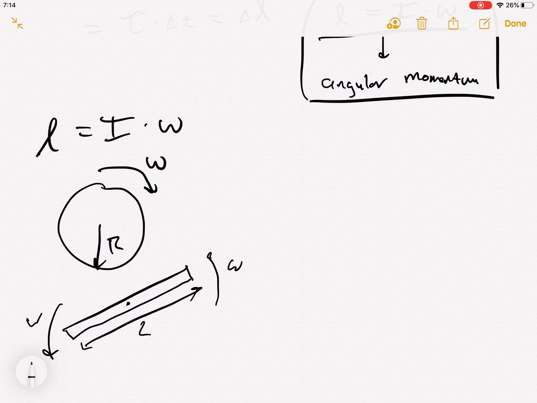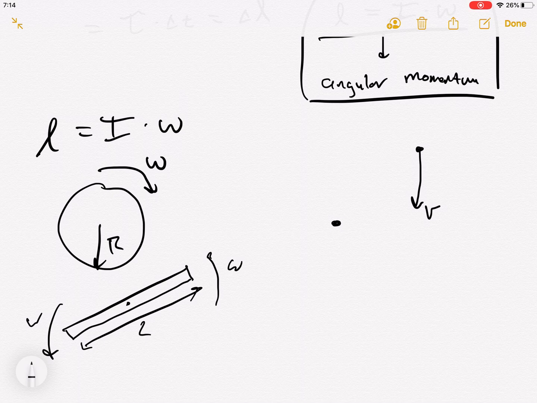But we can also define angular momentum for a point mass. Let's say this is my axis of rotation, and I have an object with a velocity right here. What's the angular momentum of this point mass around this axis of rotation?